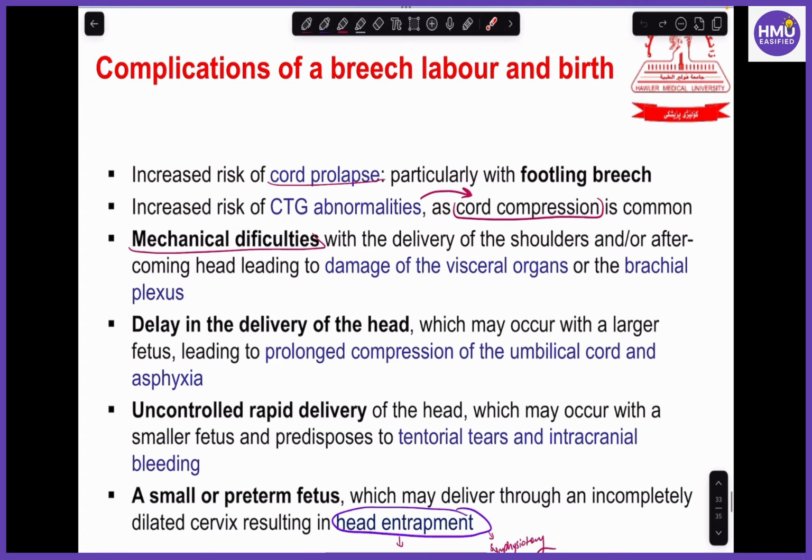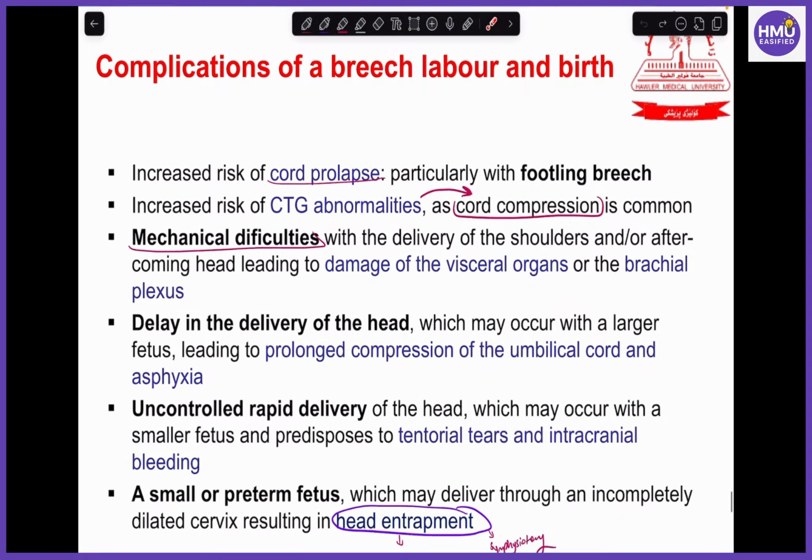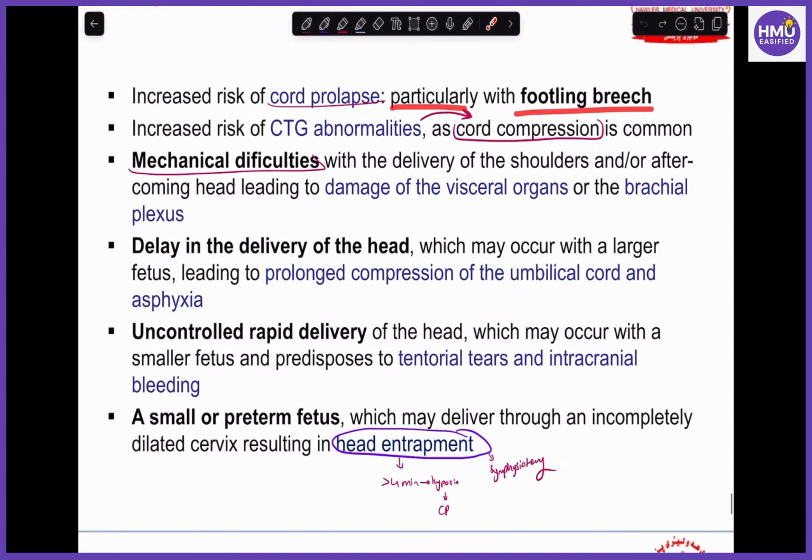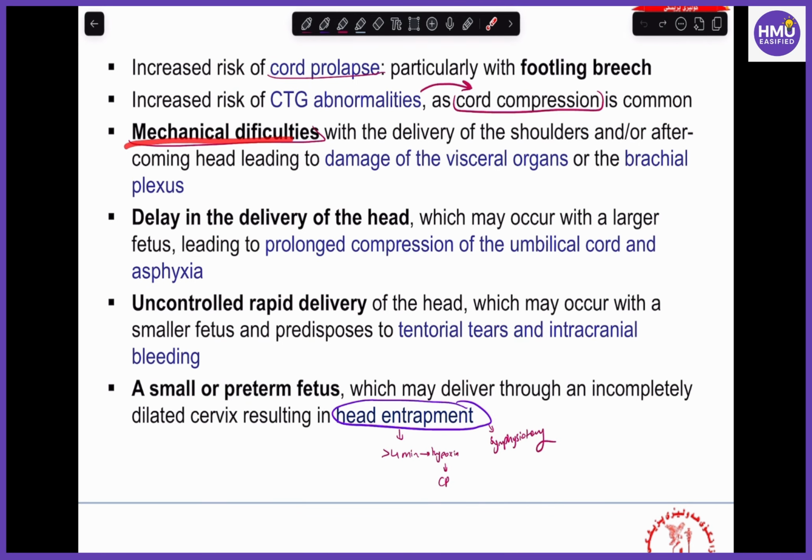Now, we have complications of breech labor and birth. So we have increased risk of cord prolapse, particularly with footling breech, increased risk of CTG abnormalities, cord compression, fetal hypoxia and distress, and mechanical difficulties with delivery of the shoulders and after-coming head, with damage to the visceral organs or brachial plexus.